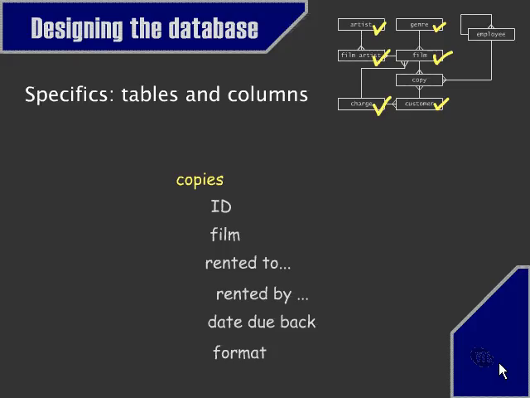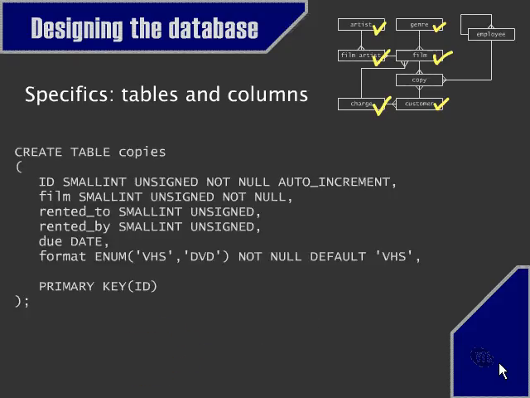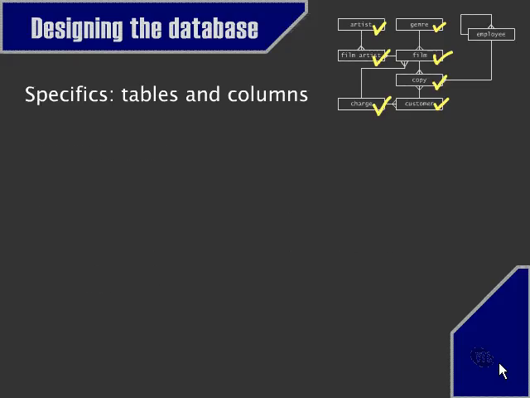We also need format. This allows us to differentiate between VHS and DVD. This is what it looks like translated into an SQL statement. That's the copies table. Let's take a look at our employee entity, the final one.